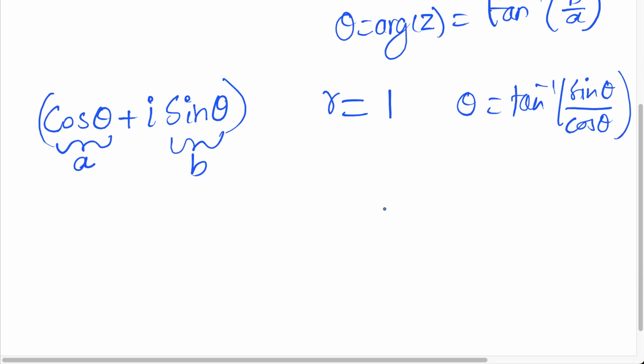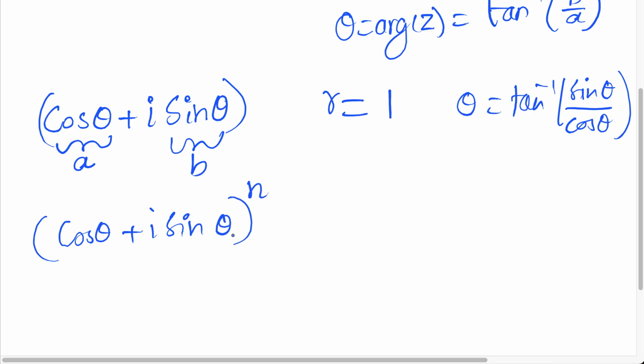So argument is theta and modulus is 1. Now the proof says (cos theta plus i sin theta) raised to n. So you may think of it as a binomial expansion format, where there are two terms raised to n, but that's not what we are looking at.